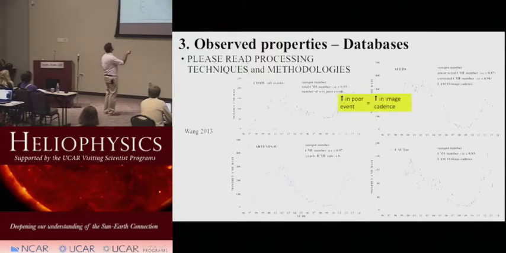If you look at the total number of CMEs over the solar cycle, which is this blue-black line, I've covered it up a bit, but it goes really high during that period.